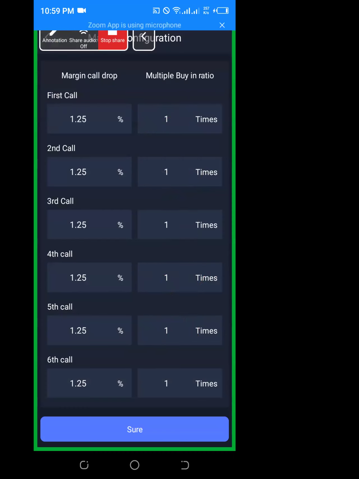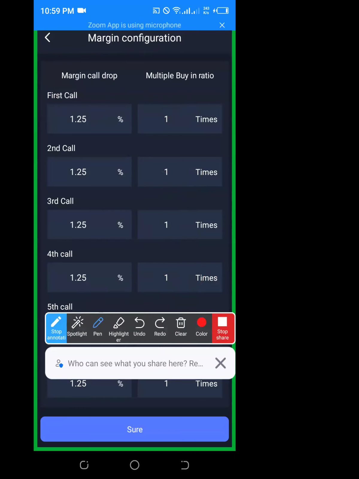So this means that when the value of TRB doesn't go up, but goes down, it means the value of this TRB depreciates by 1.25. Now, these are negatives.